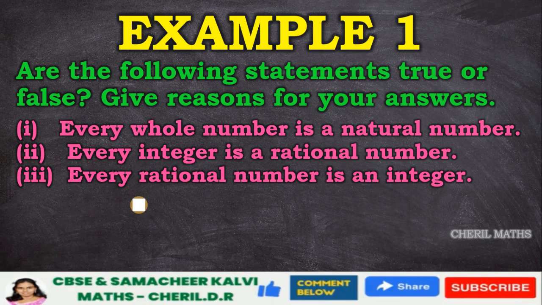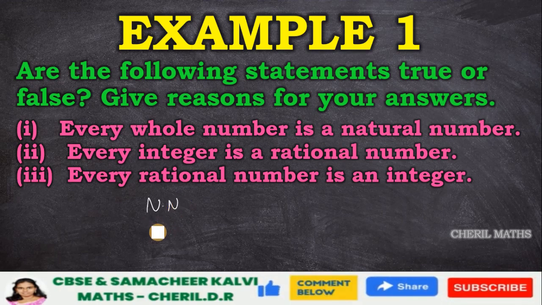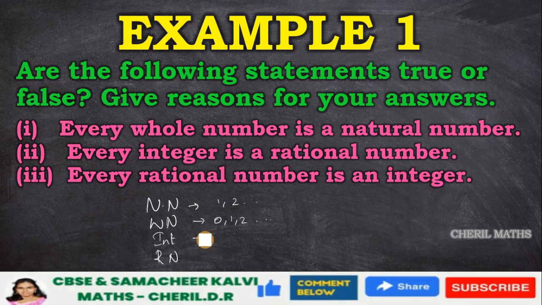So in the previous video we discussed the different number systems. We saw natural numbers, whole numbers, integers, and rational numbers. Natural numbers are 1, 2 and so on. Whole numbers are 0, 1, 2 and so on.